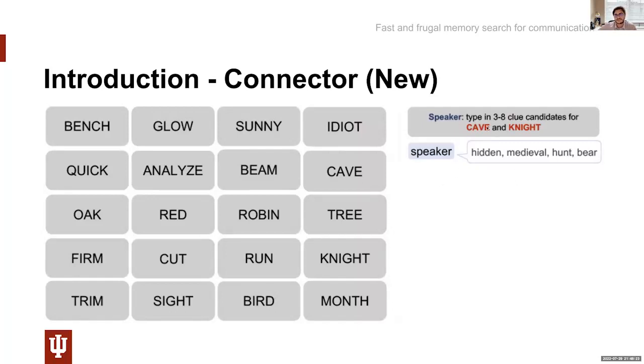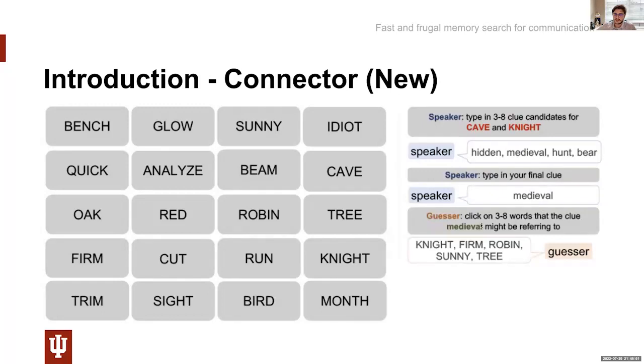The speaker in this case gave 4 different words that they felt would be good as clues for cave and night. So they gave hidden, medieval, hunt, and bear, and then eventually narrowed it down to medieval. And note that they were allowed to give any sort of word that actually was not part of their clue candidate, which will come up later on.